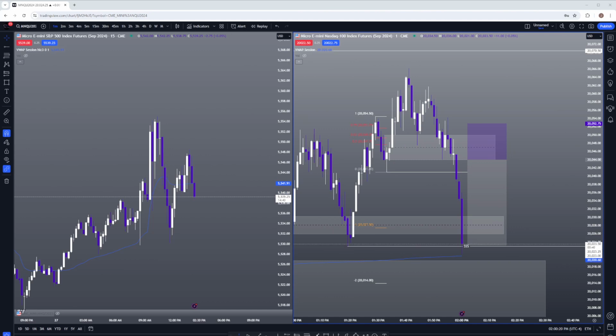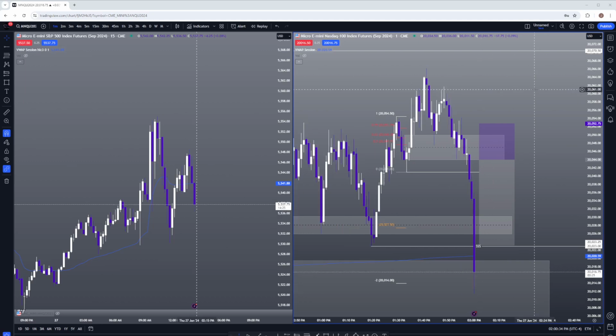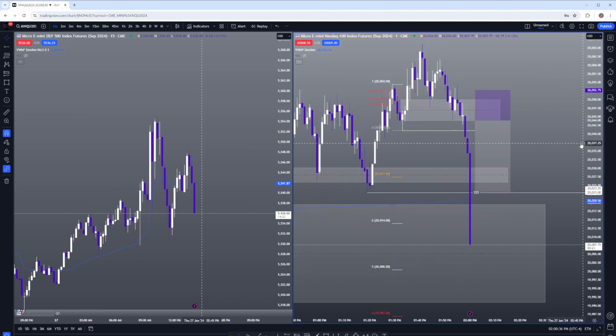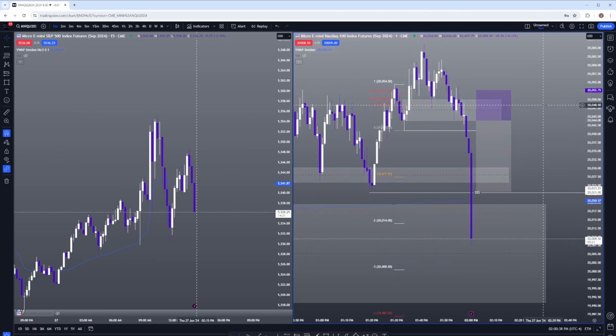And look at that drop. No retracement here for us. Wow, we are dropping very, very aggressively here with no pullback.